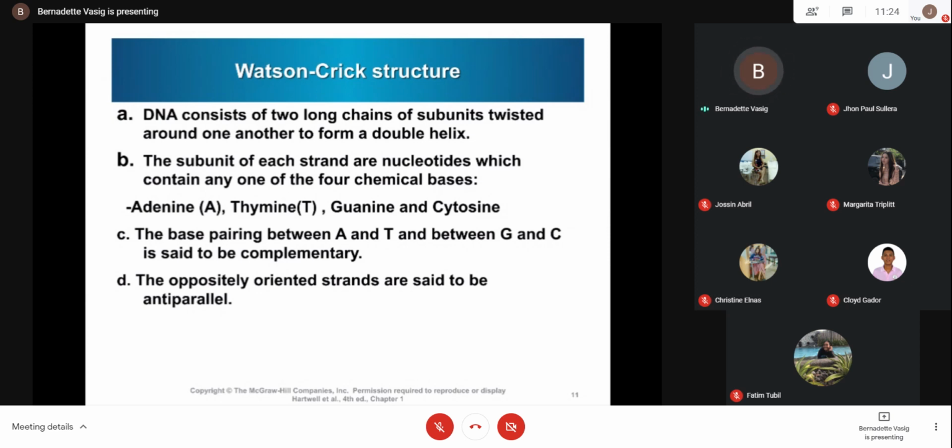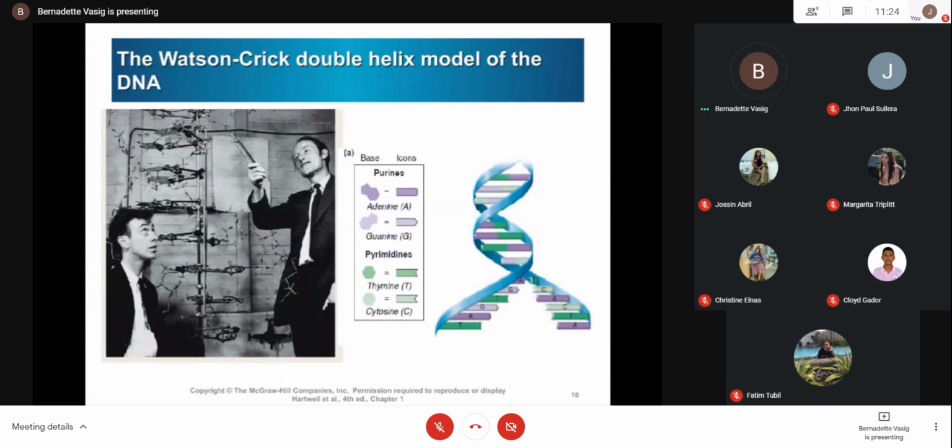So according to Erwin Chargaff, or Chargaff's rule, the number of adenine is approximately the same as thymine, which is the reason why they concluded that adenine and thymine are paired, while cytosine and guanine are said also to be complementary.